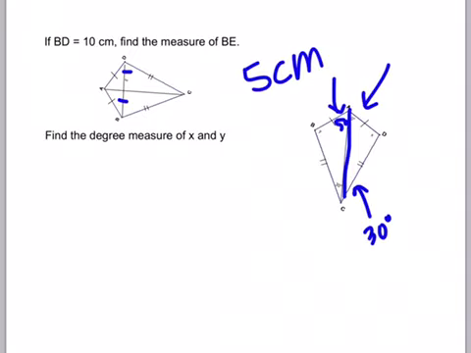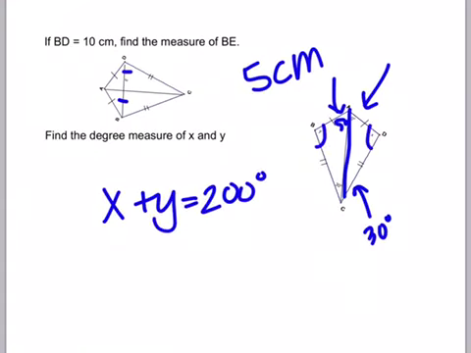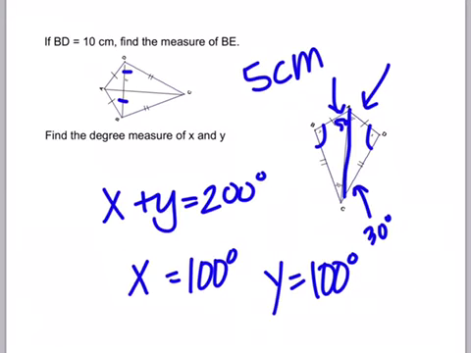So if I take away the 100 from up top and the 60 from down below, I'm left with 200 to split. So X plus Y equals 200 degrees. Since I know that the non-vertex angles are congruent, I know that X is equal to 100 degrees and Y is equal to 100 degrees.